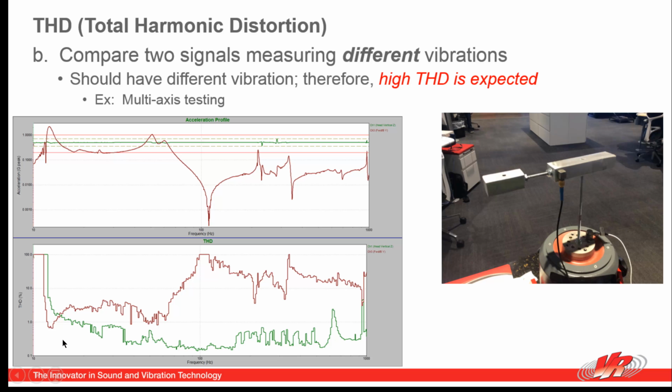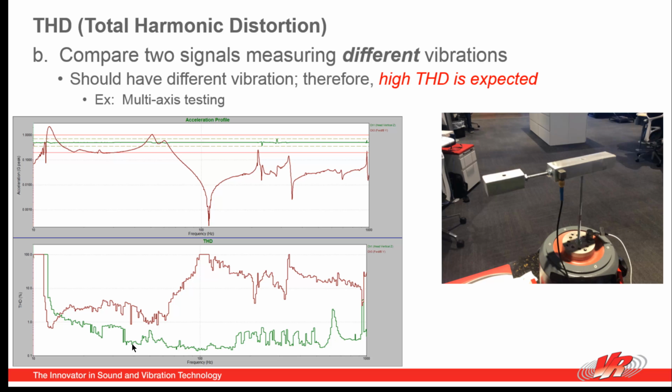That would mean that the vibrations in the other axis are quite similar to the kind of vibration that's happening at the head. So it could be a tool used in multi-axis testing to identify when one axis is actually performing similar to the axis that you're testing.